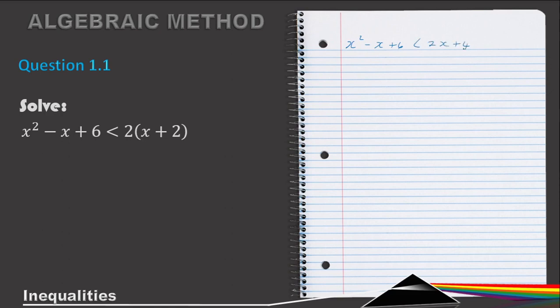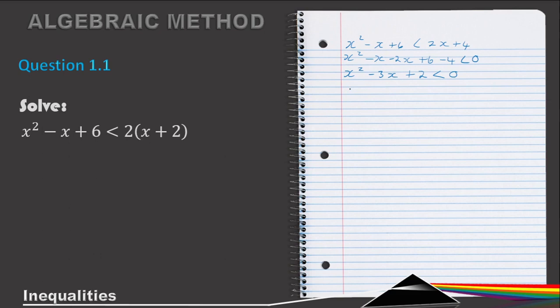Bring everybody over: x squared minus x minus 2x plus 6 minus 4, less than or equal to 0, and then x squared minus 3x plus 2, less than or equal to 0.